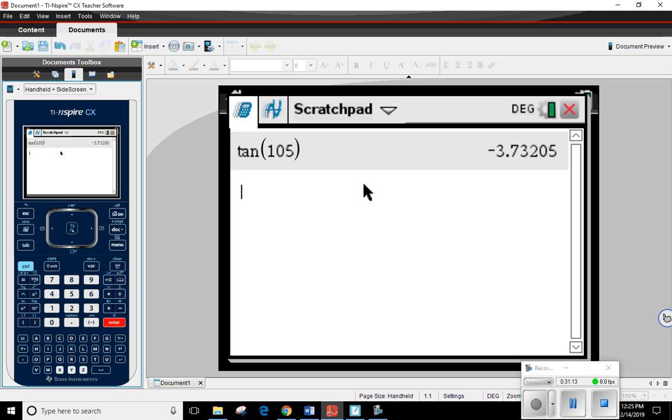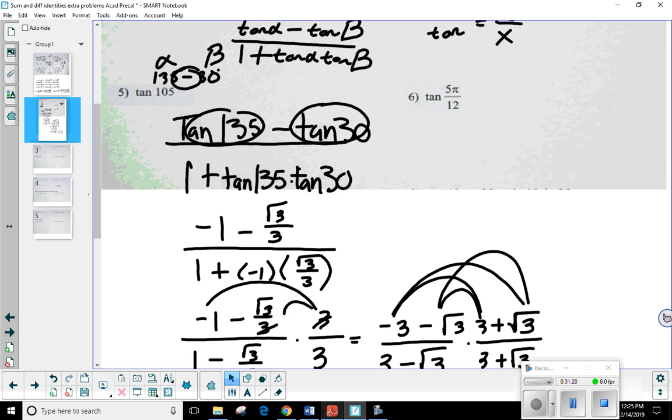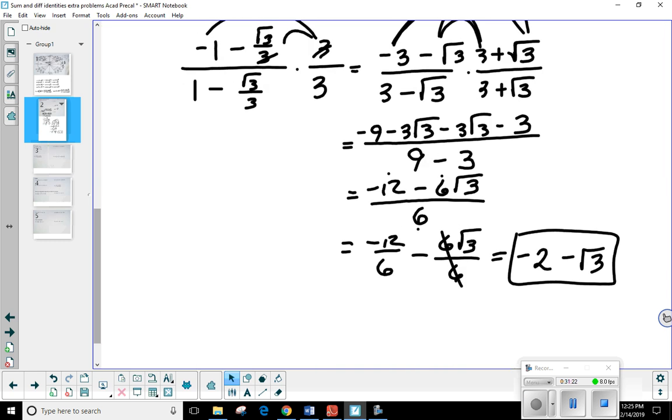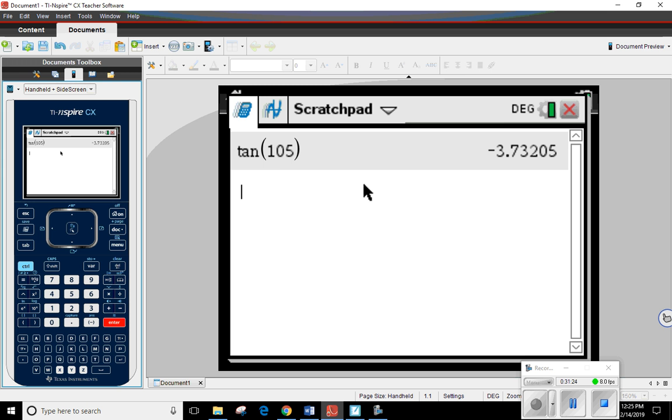Okay. So I'm getting a negative 3.73 and then a bunch more numbers. Our answer, we got negative 2 minus the square root of 3. Gives me the exact same response.